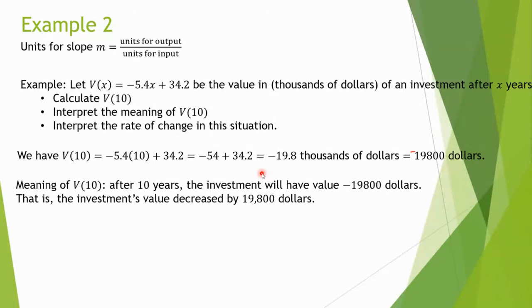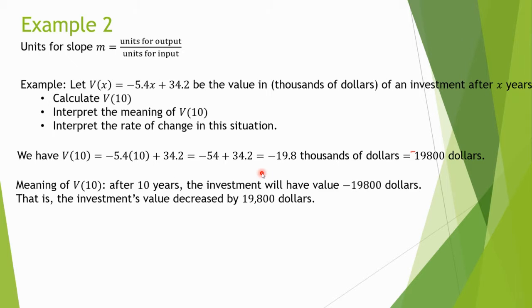So yet another way of saying it, the value has decreased by $19,800. Okay, so that's what happens here. All right. So that's the meaning of it. Okay. So it's not just numerical, it's also the meaning we're looking at.